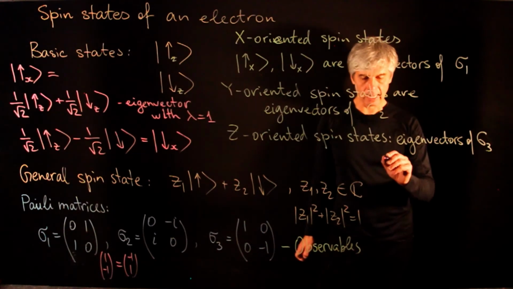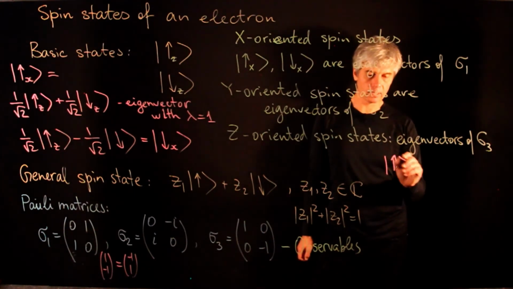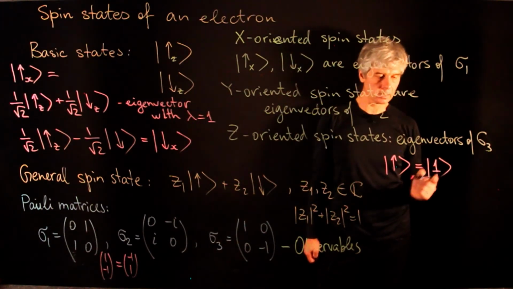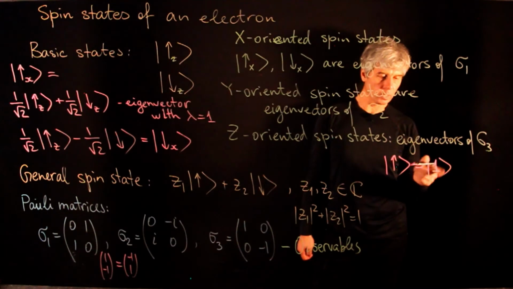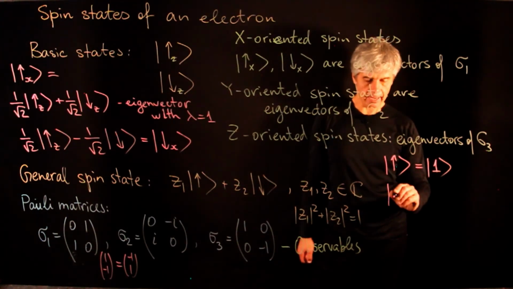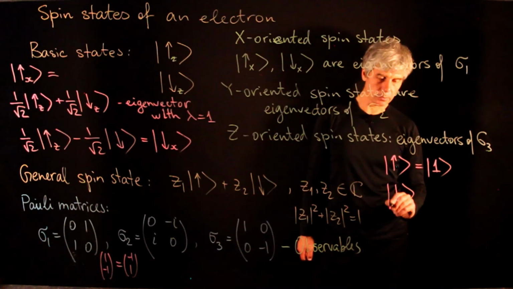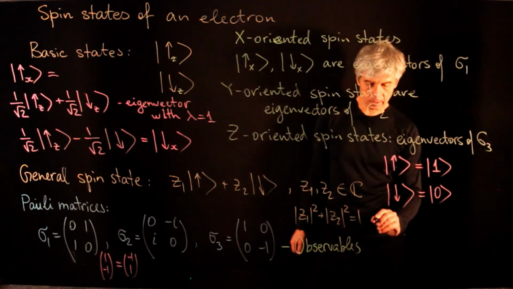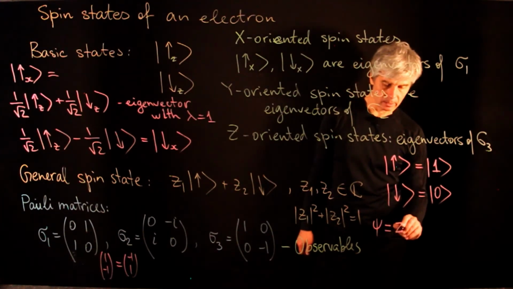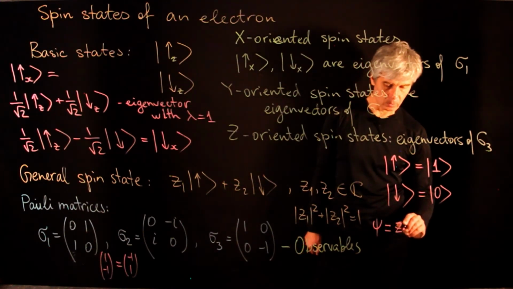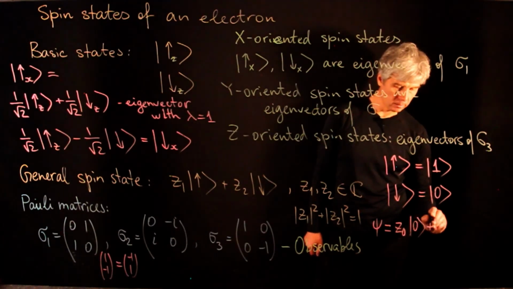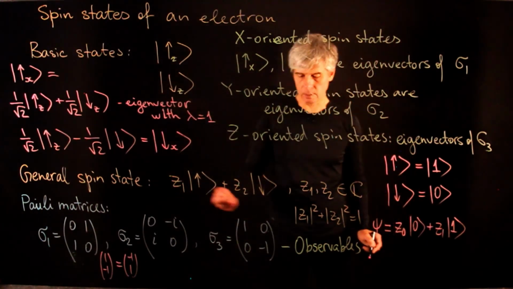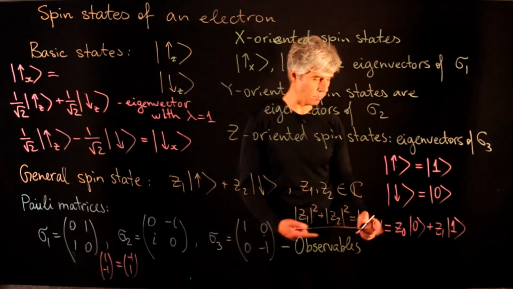So vertical spin will correspond to the state where this qubit has value 1, and spin down will correspond to value 0, and then the general state is going to be z0 times 0 plus z1 times 1, with the same normalization for z values.